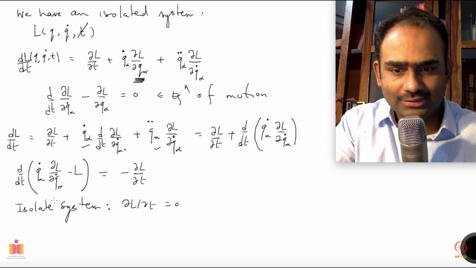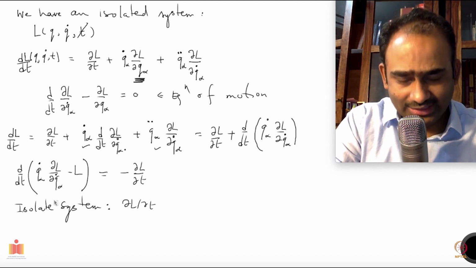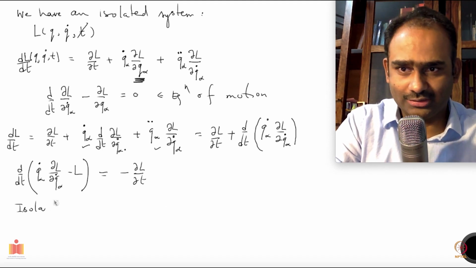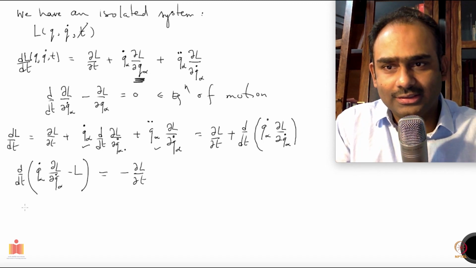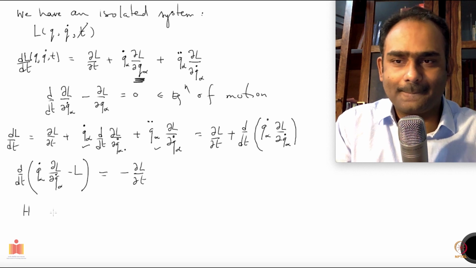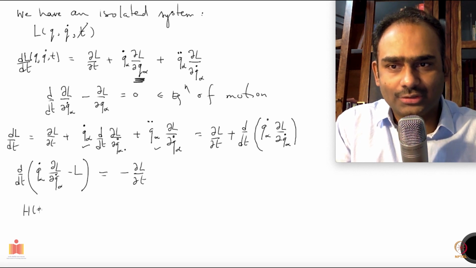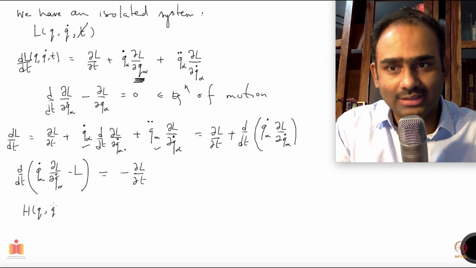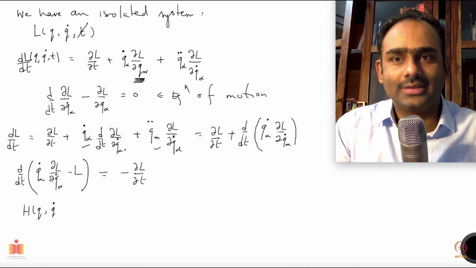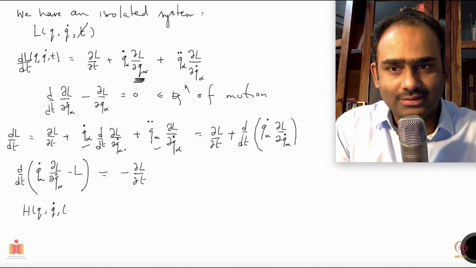So it makes sense to define in general, not necessarily for an isolated system, this quantity to be h, and this h depends on q, whatever the generalized velocities are, because they appear in the Lagrangian, right? So L has q dependence, q dots, and t.